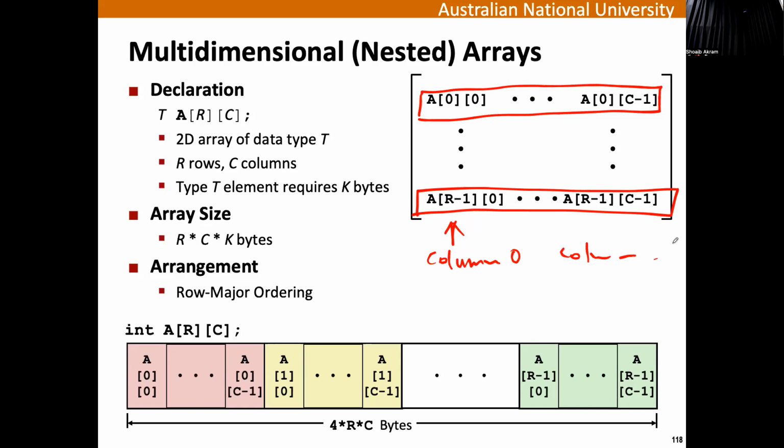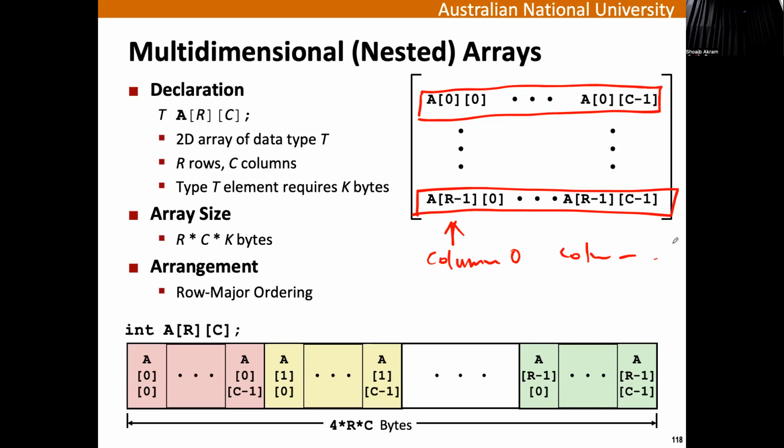The row vectors are stored contiguously in memory. If you think of memory as a large linear array of bytes, you store the first row vector, and then you store the next row vector, and then the next, and the different colors show the different rows or row vectors.